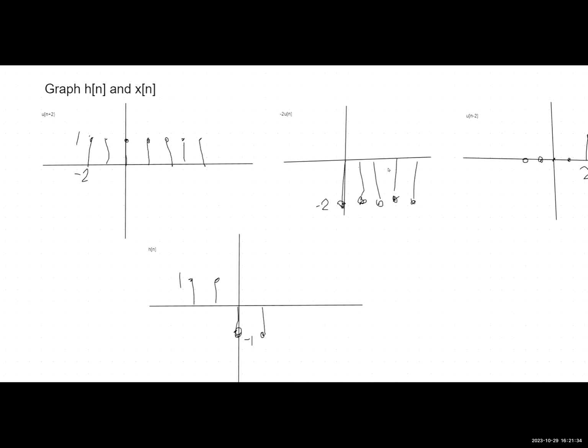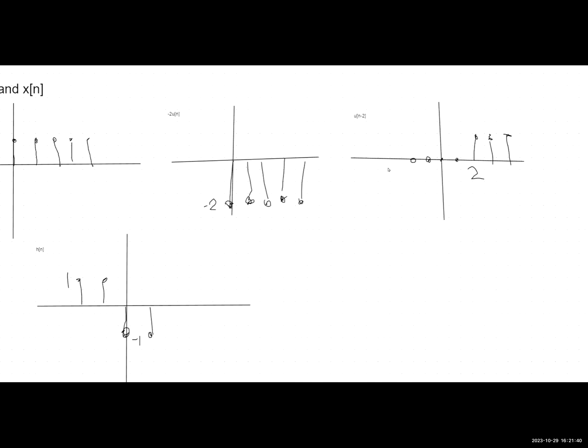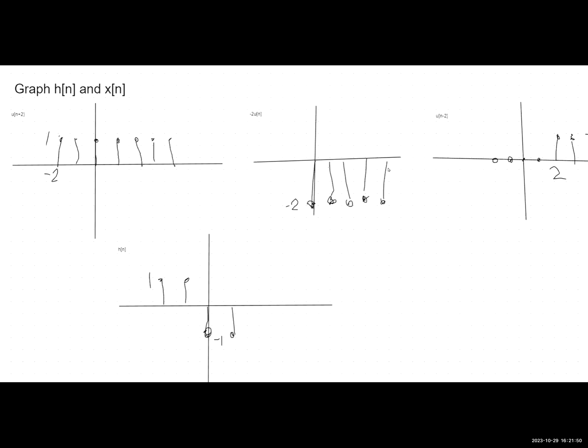It would have a value of -1. And now at n equals 2, that's when we need to start to take this third graph into account. The value of h of n at n equals 2 would be 1 minus 2 plus 1, so that would give you 0.